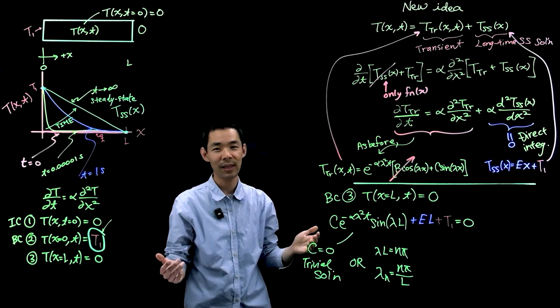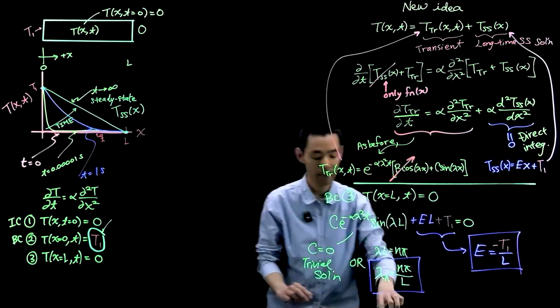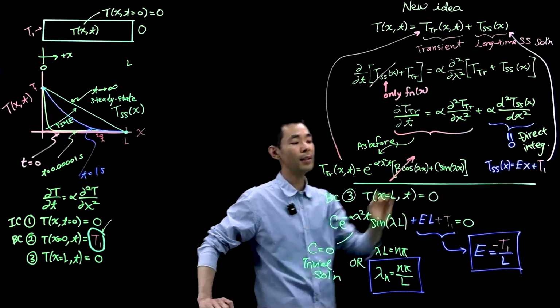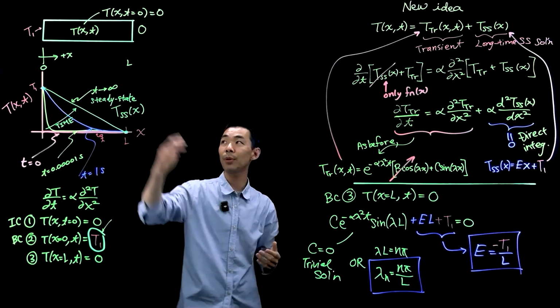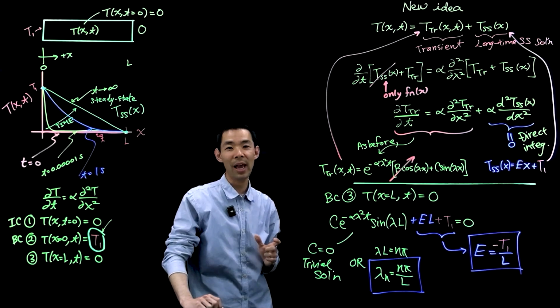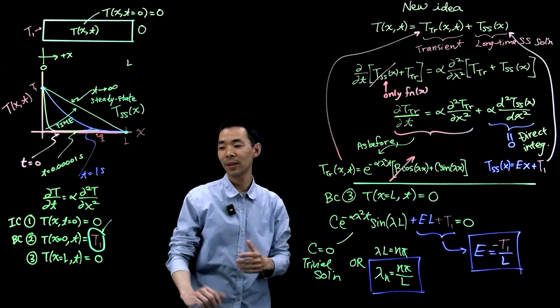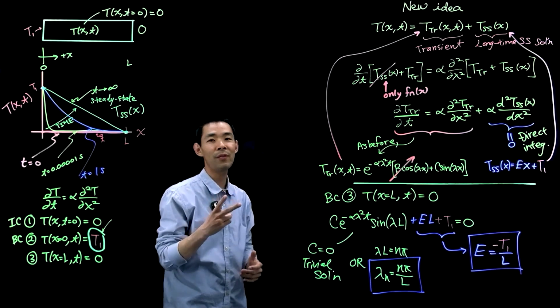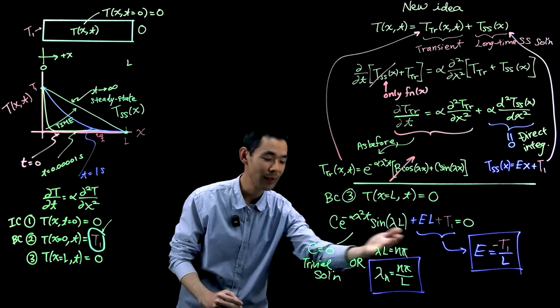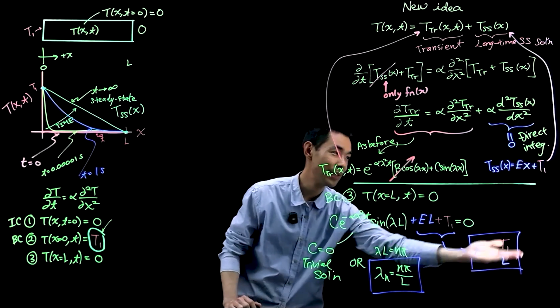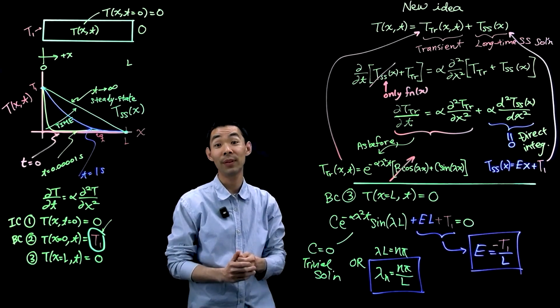That's very easy to satisfy. Just like that. The constant E in our steady state solution apparently is just the temperature T1 that we specified divided by the domain size L. So this boundary condition on the right at x equal to L gave us two pieces of information. First, it told us the lambdas, which is great, and it also told us the rest of the steady state solution that we needed previously.